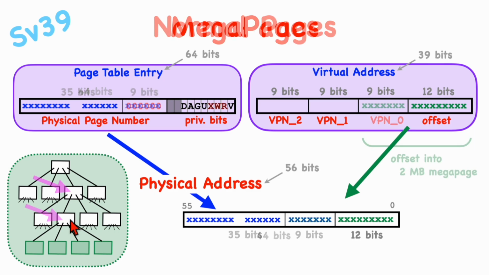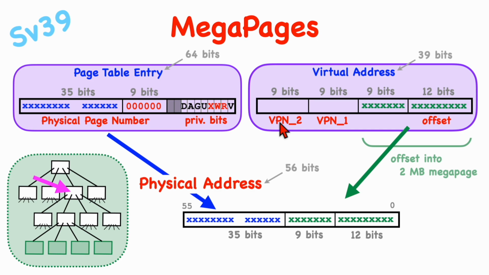Now let's assume the MMU encounters a leaf page table entry here on its walk from the root before it gets to the bottom level of the page table tree. We assume that it used the first 2 index fields to walk down to this point. Then it retrieves a page table entry from this node here, and when it looks at it, it sees that the readable, writable, and executable bits are not all 0, meaning that this is a leaf page table entry.